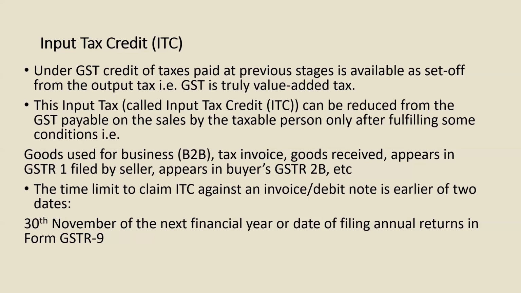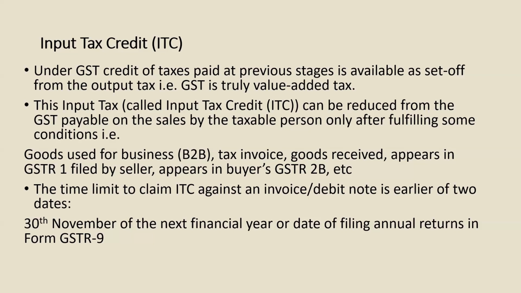You have to fulfill certain conditions. These conditions are that the goods are used for business to business. The tax invoice is there, the goods have been received, and they appear in your returns. So the GSTR1 return is filed by the seller, it appears in your GSTR2B, and only then you can take credit of that.